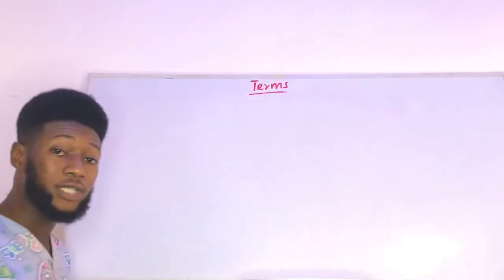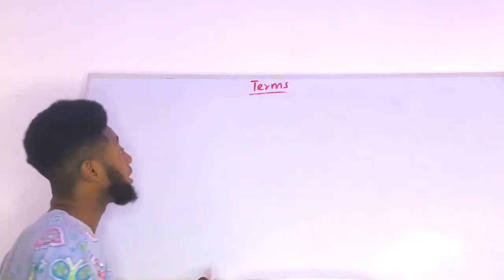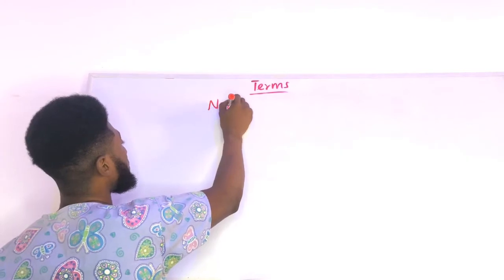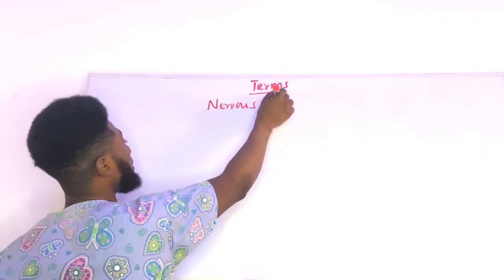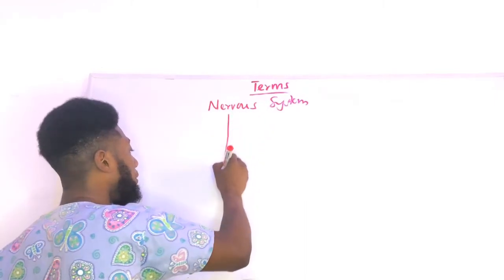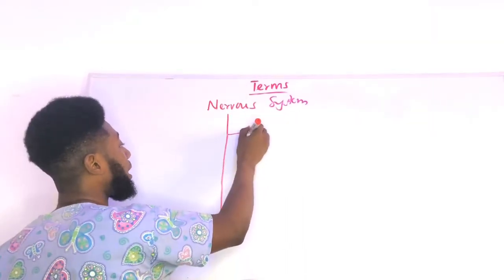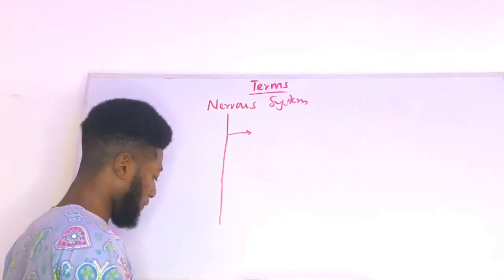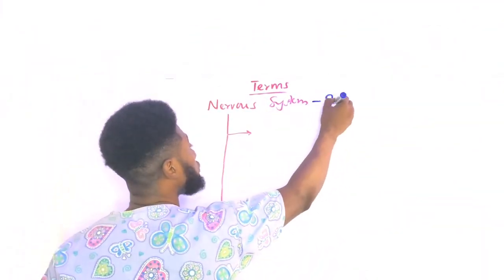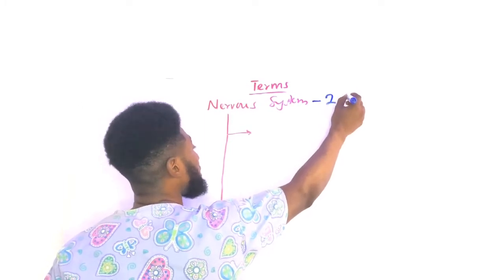Now, we know the nervous system. In the nervous system, there are two types of cells.